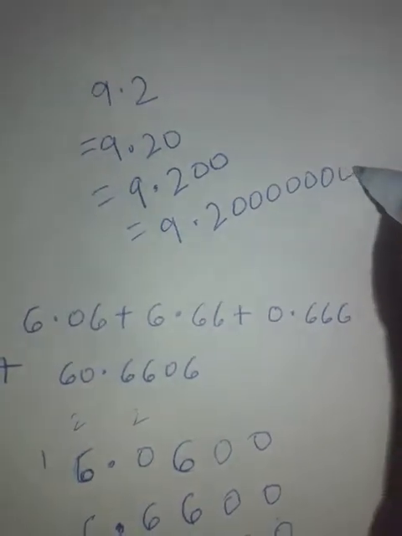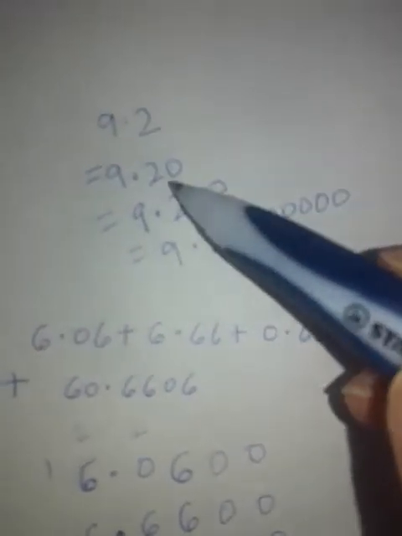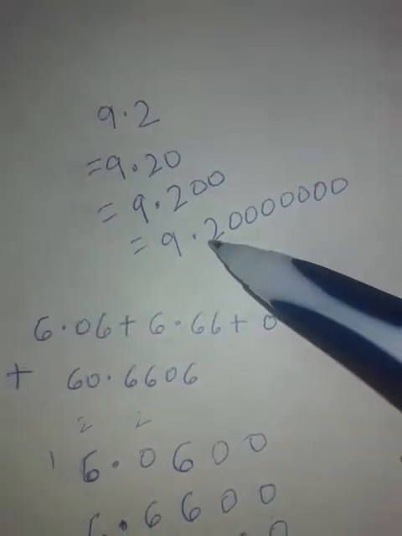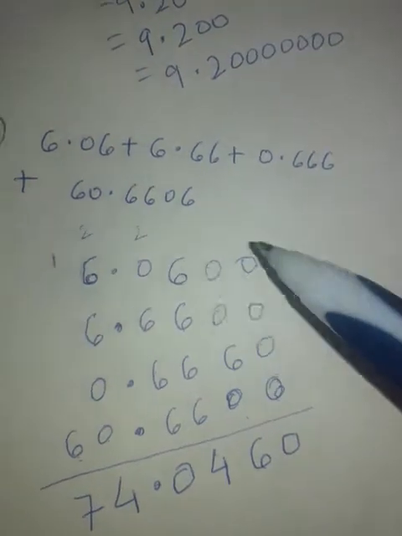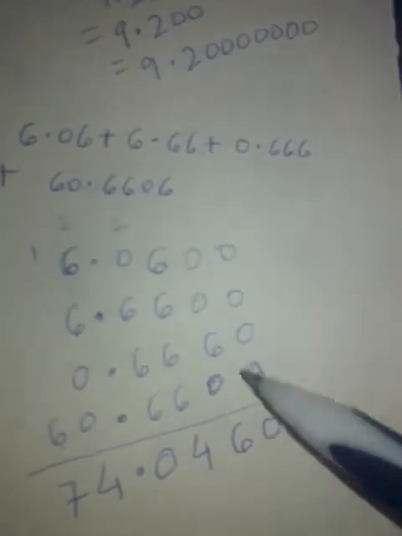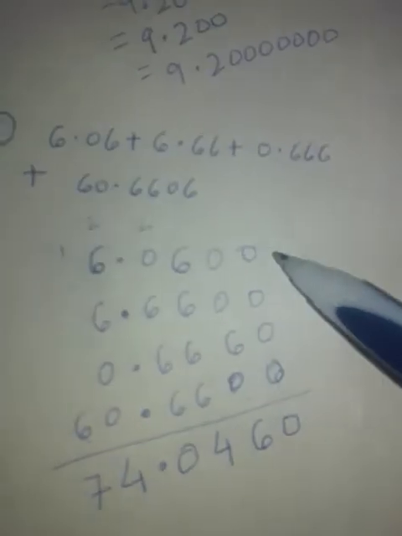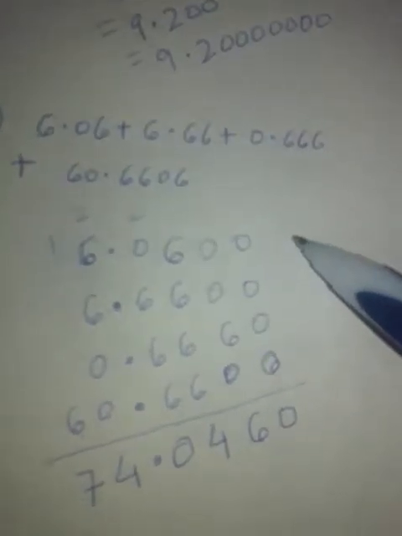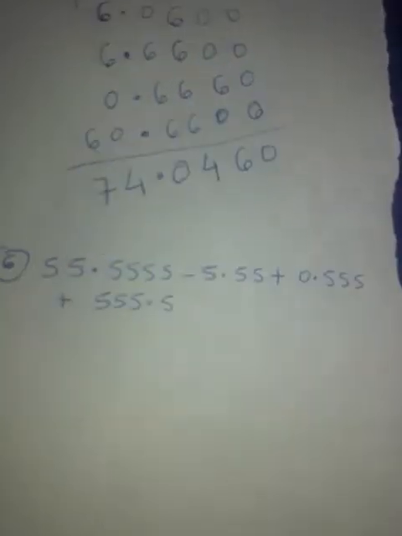I can add any number of zeros on the right side. Their value remains the same. Am I very clear? So here what I did, 6.06 was there. I added zeros here so that I can take the sum very easily. I can add any number of zeros on the right side. Very clear? So let's solve the next example.